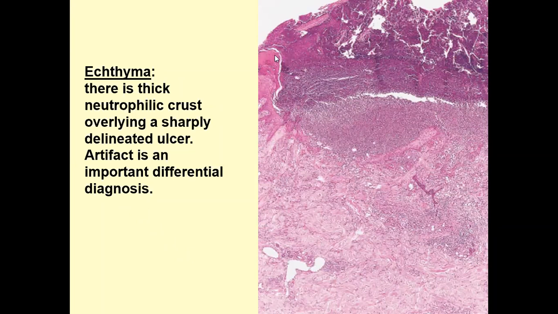You can see the epidermis is here, but here there is just a thin basal layer present, and the rest of the epidermis is replaced by a thick neutrophilic crust.